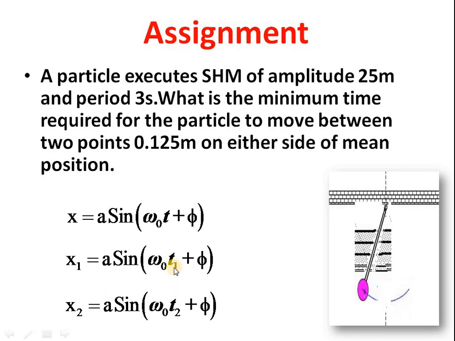Understand? You can find t1 and you can find t2. It's very simple, just solve it and find t2 minus t1. That is the time taken to move from 0.125 to minus 0.125.